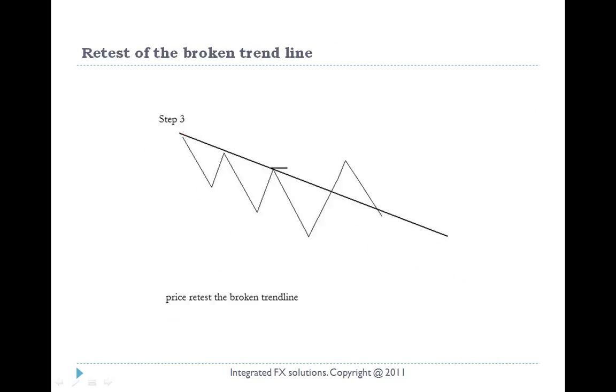Step 3, retest of a broken trend line. When the trend line is retested, the trend line will act as a good support, and we know from our previous lessons that support rejects price and makes price rally.